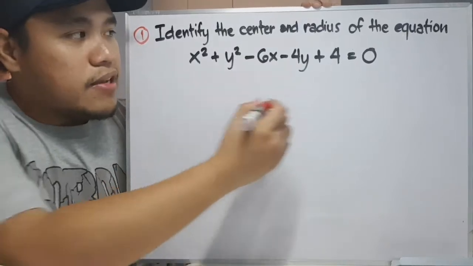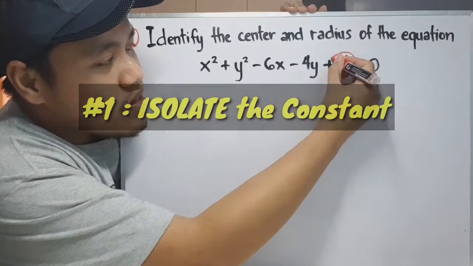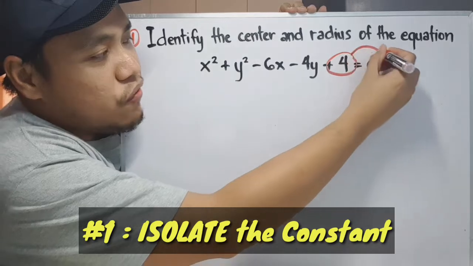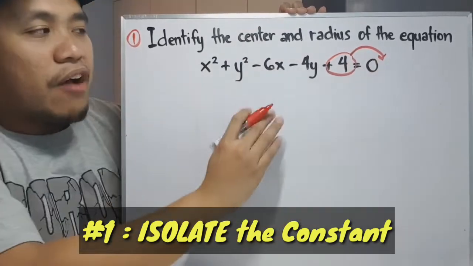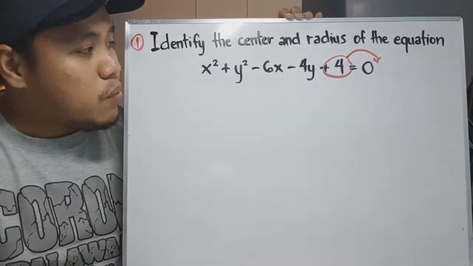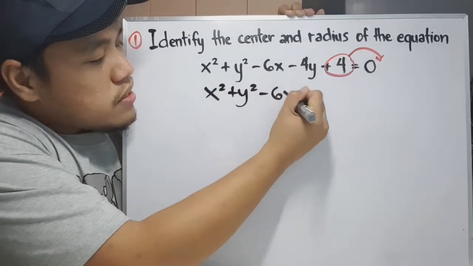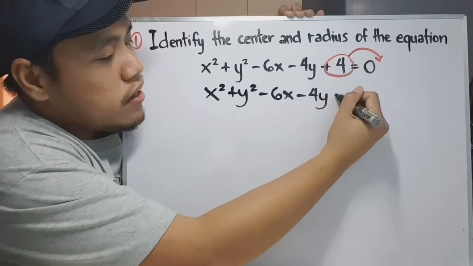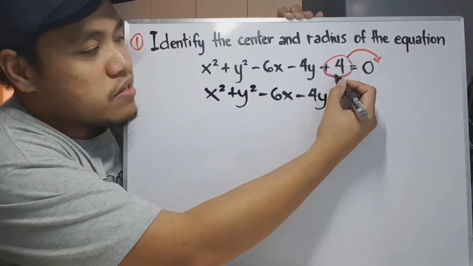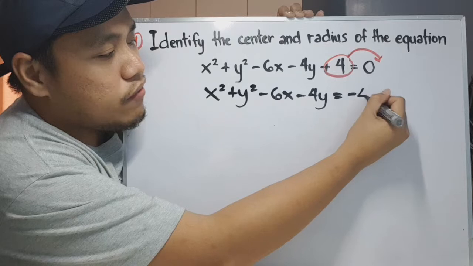So first step is we need to isolate the constant. In this case, that is 4. So we have to transfer it to the other side. We will have x squared plus y squared minus 6x minus 4y equals, since this is positive 4, it will become negative 4.